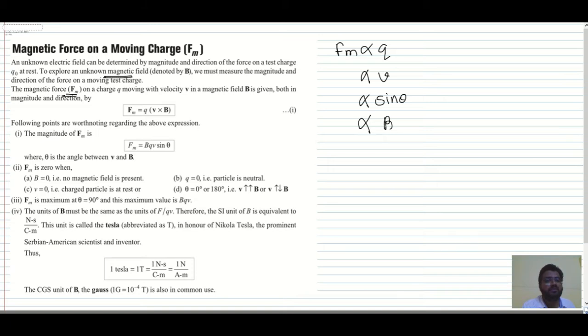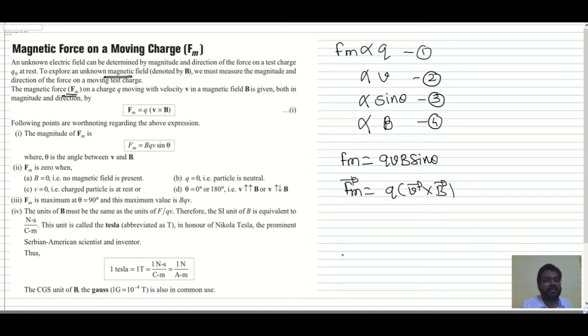It is directly proportional to B. Now if you combine all this, first, second, third, fourth, you will get the magnetic force as QVB sine theta. This is observed practically, and finally we'll get Q V bar cross B bar. So this is the magnetic force in vector form, Q V bar cross B bar.